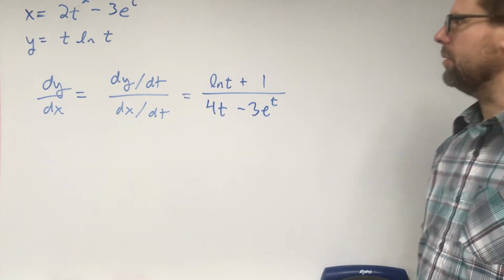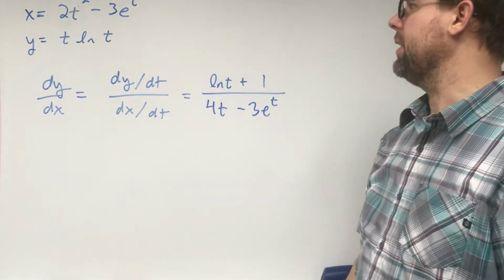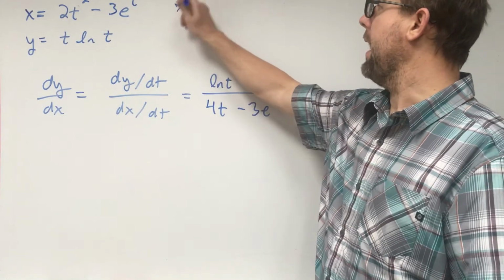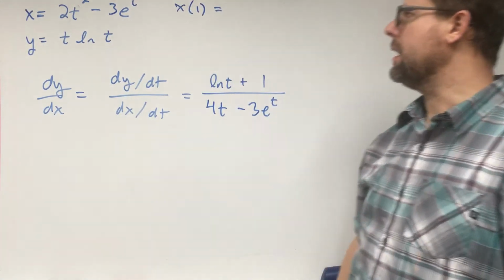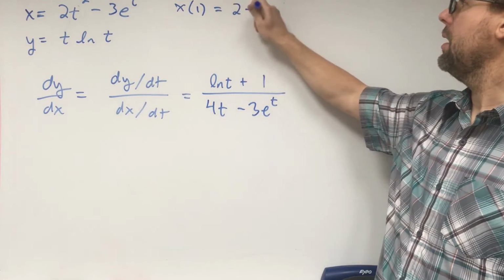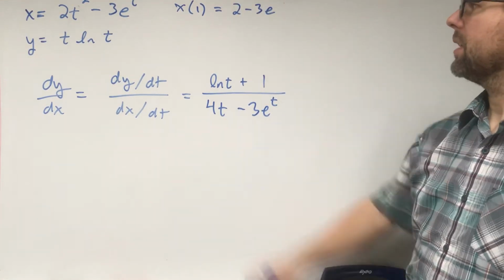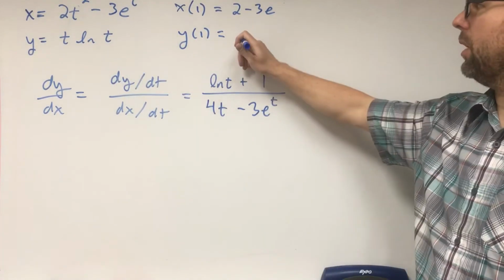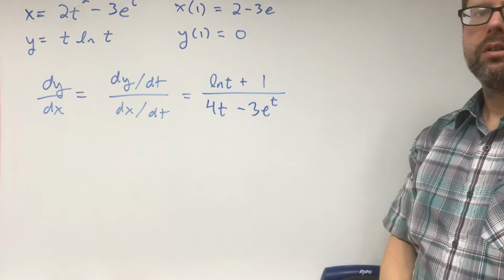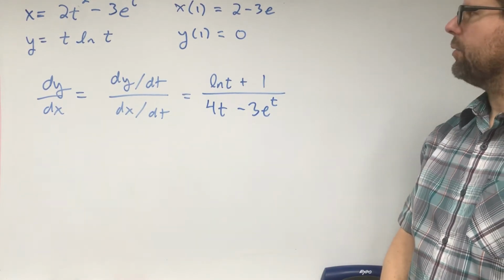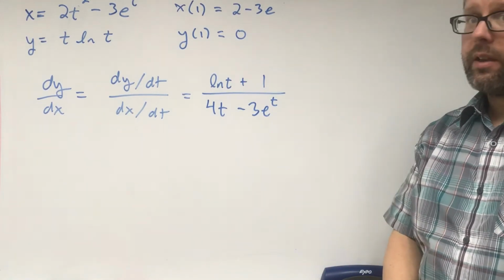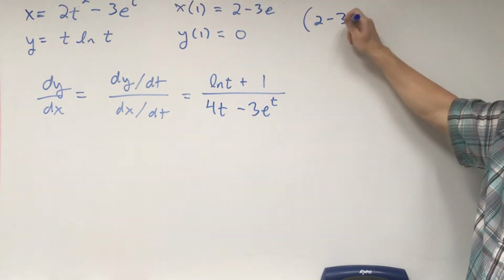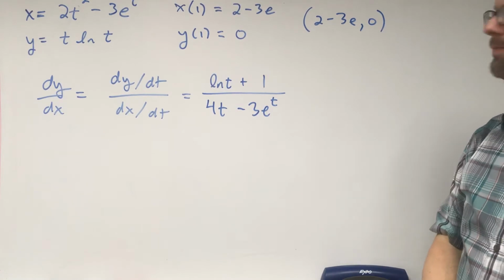So for example, if I were to plug in t equal 1, then I would have x of 1 equal to 2 minus 3e, and y of 1, using this equation, is going to be 1 times 0, or 0. And so I know that this curve, whatever crazy shape it takes, is going to pass through the point (2 minus 3e, 0).